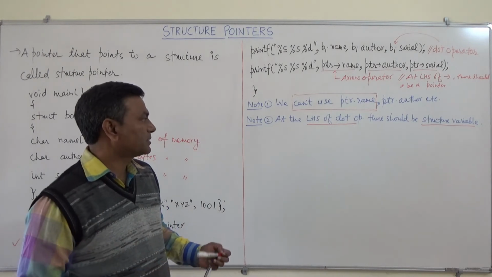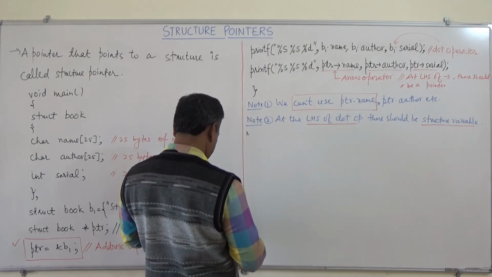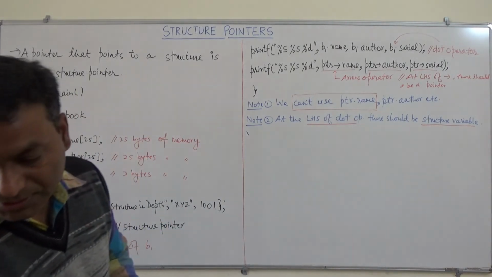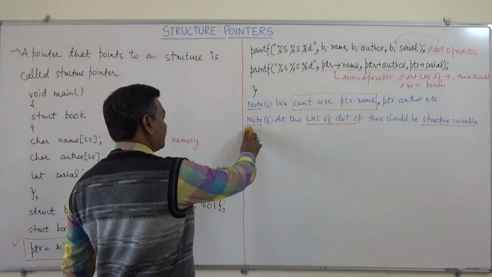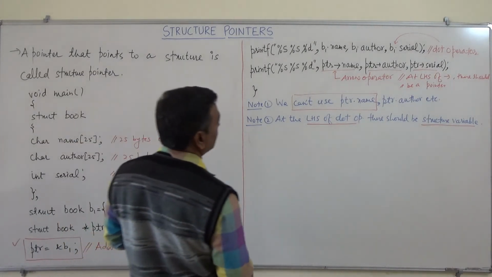And the third point that we should remember: at the left hand side of the arrow operator there should always be a pointer.